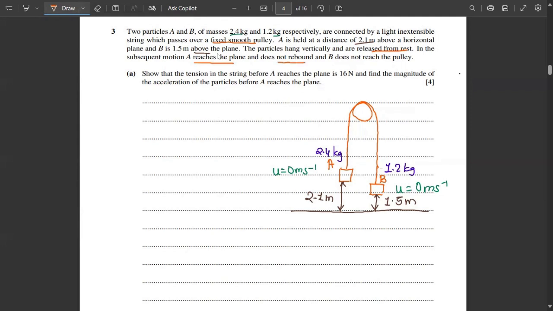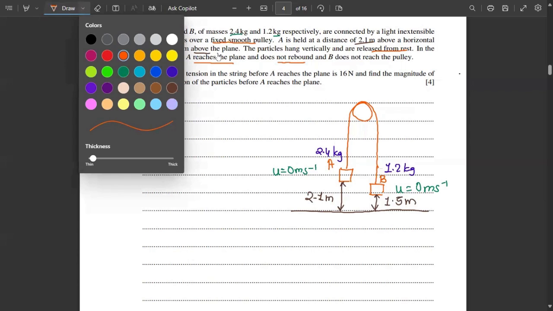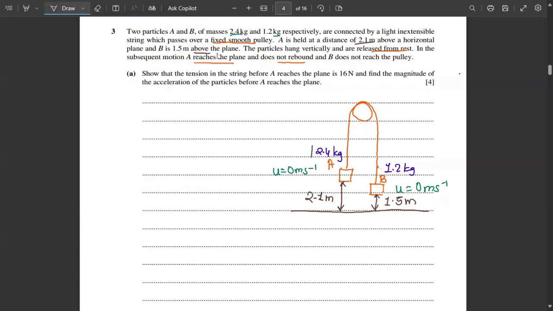Okay. So now let me tell you something very obvious. A has a mass of 2.4, B has a mass of 1.2. So where will the pulley fall? Obviously, the pulley will fall here because this mass is higher. If I tell you, I have a pulley, this mass is 50 kg, this mass is 5 kg, obviously the pulley will fall down here, right?